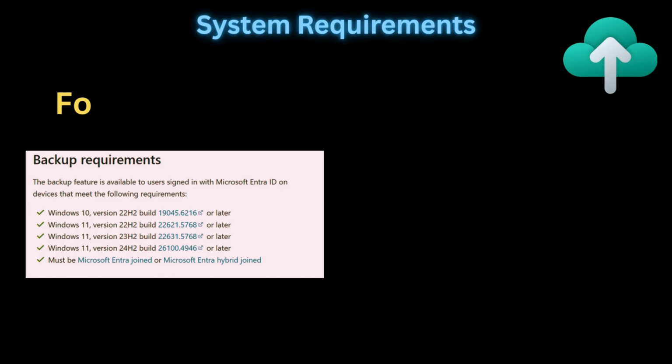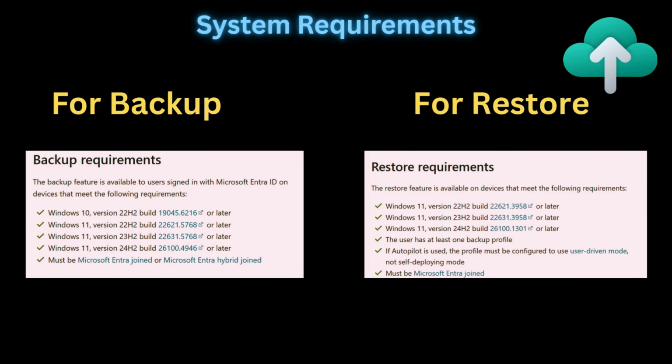Now let's understand the system requirements to use Windows Backup for Organization. To enable the backup, the device join type must be Microsoft Entra join or Microsoft Entra Hybrid Join, and the device version should be on or above what is mentioned in the screenshot. And the restore feature is available on devices that meet the below requirements.